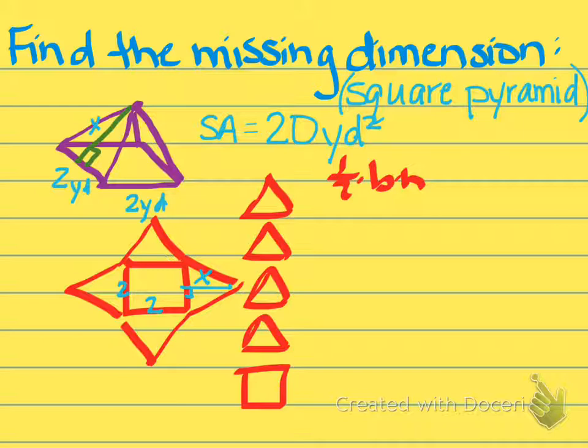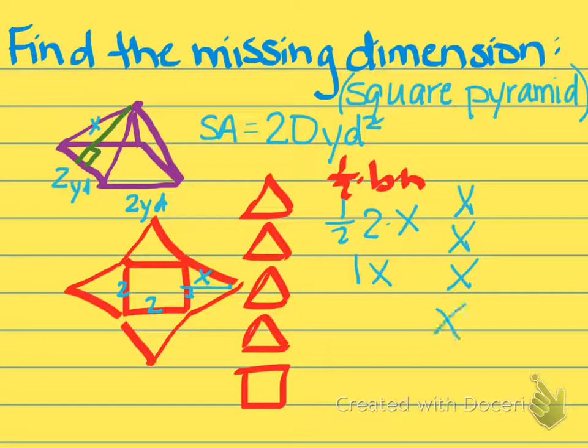So I fill in 1/2 times the base, which is 2, times x, the height, because I don't know what it is. 1/2 of 2 is 1, so it's 1 times x. Ultimately, each of these has an area of just x, whatever x is.